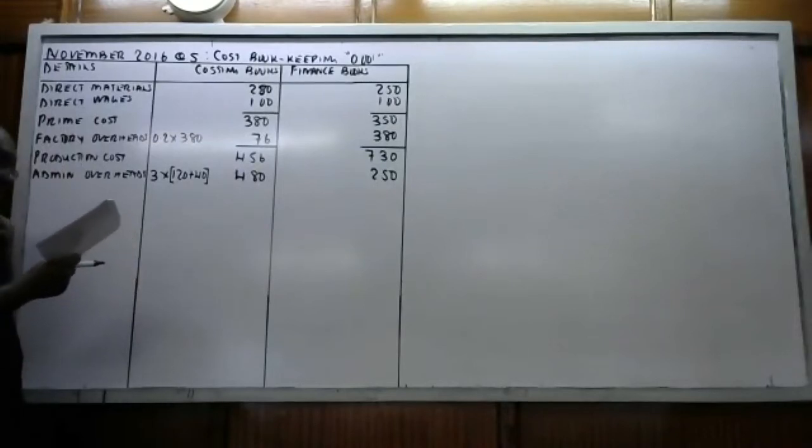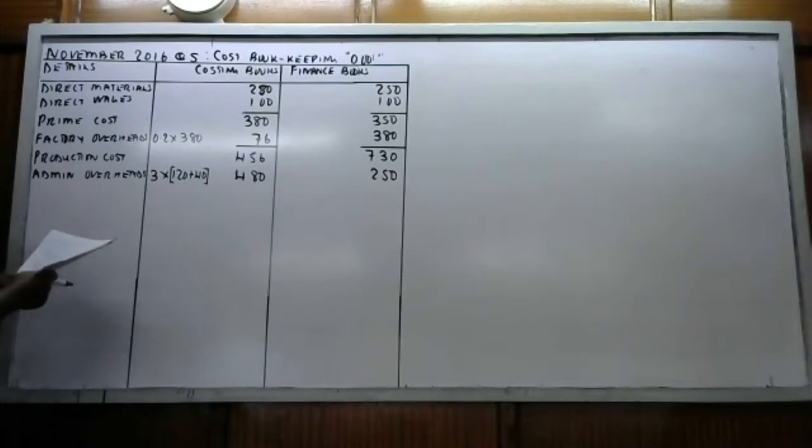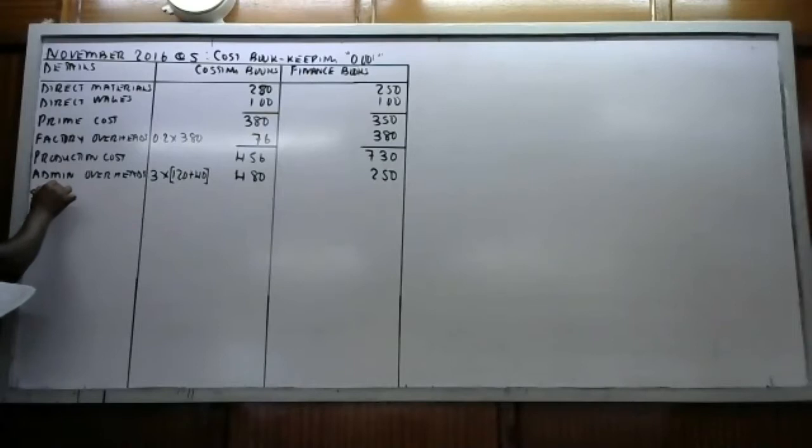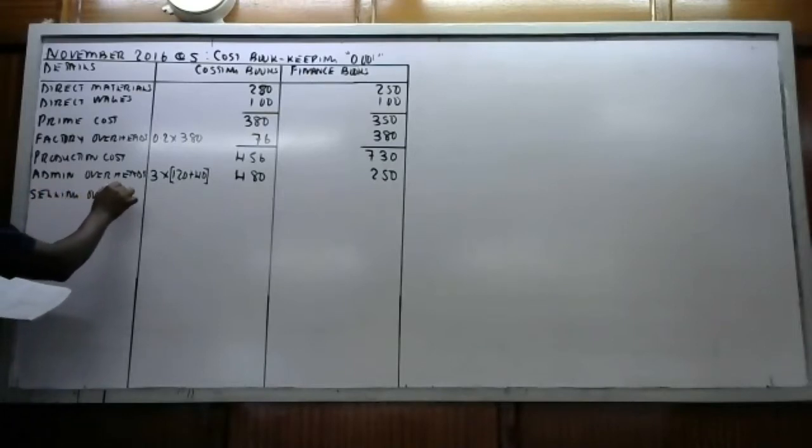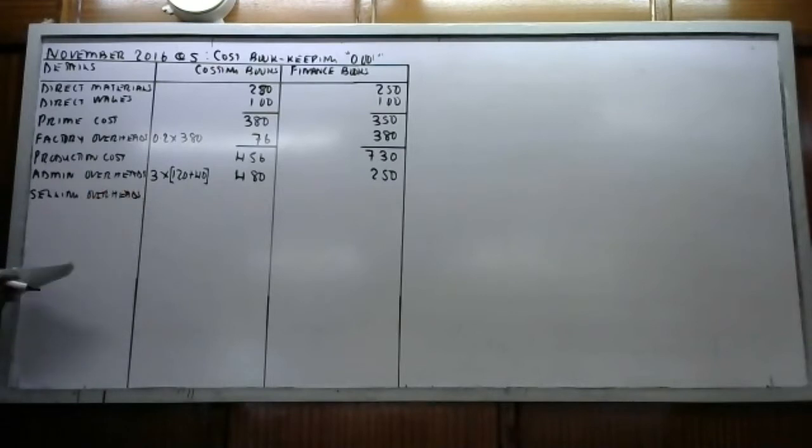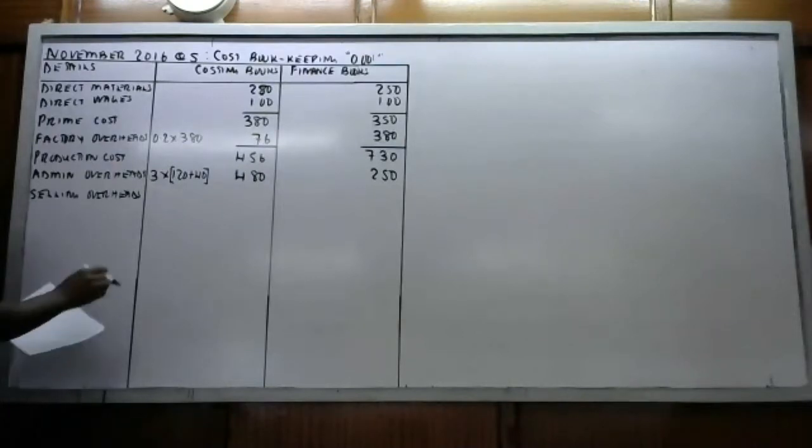So that is the admin. The next one is selling overheads. According to information 4, it is 4 per unit sold.